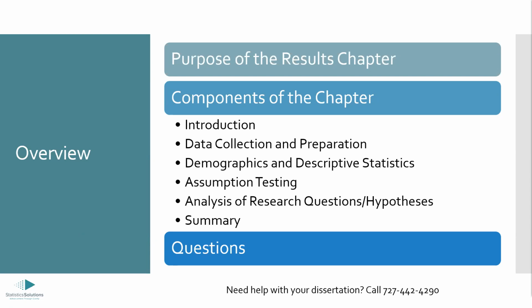Those may include the introduction, data collection and preparation, demographic information, assumptions testing, analysis of the research questions, and the summary. And then after we go through all the components of the chapter, we'll have time at the end of the presentation to answer questions.